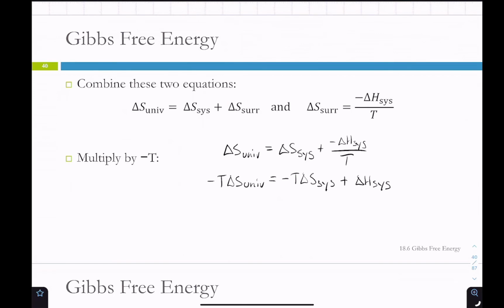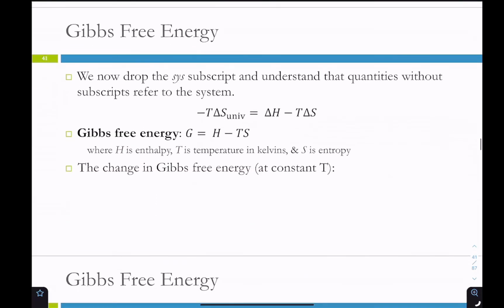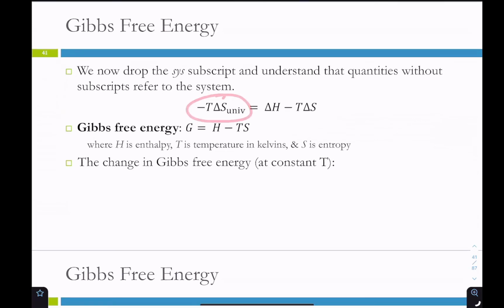This equation is just one small step away from Gibbs free energy. So same equation here, slightly rearranged. Negative T times the change in entropy of the universe, delta S, is equal to delta H minus T delta S. And this negative T times the change in entropy of the universe is G, or Gibbs free energy.